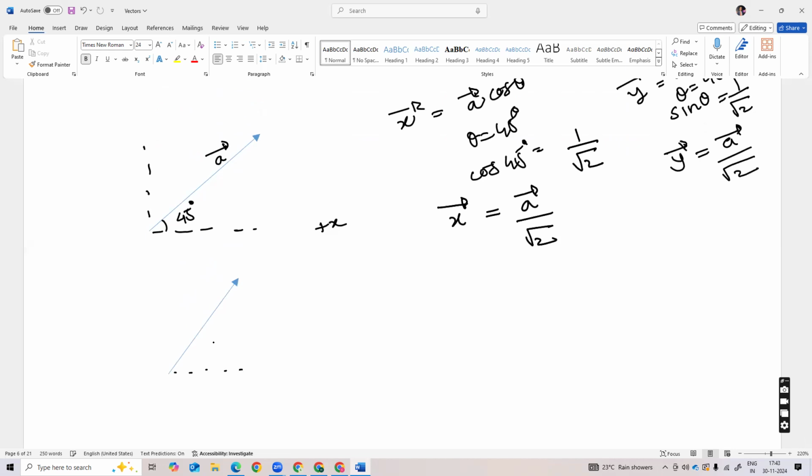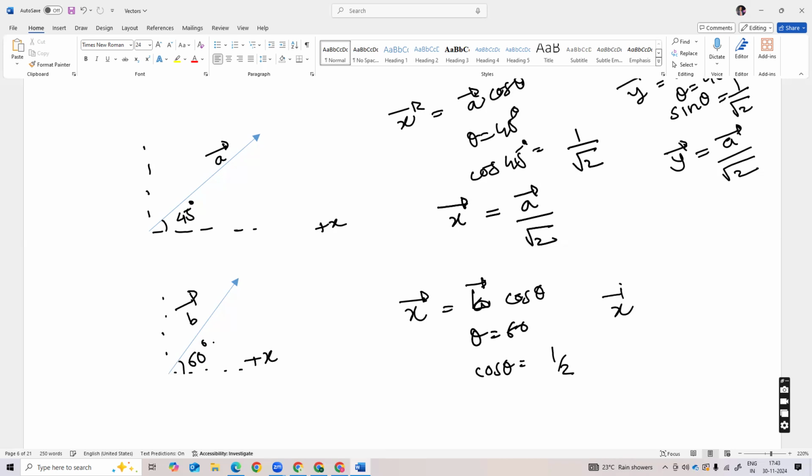So let's say we have vector b. This vector b is making angle 60 degree with the positive x-axis. So again, we can find its components in a similar fashion. The x component will be b cos theta. So here theta is 60. Since theta is 60, cos theta is 1 by 2. Therefore, the x component here is b by 2.